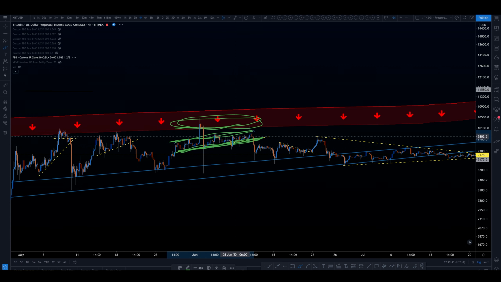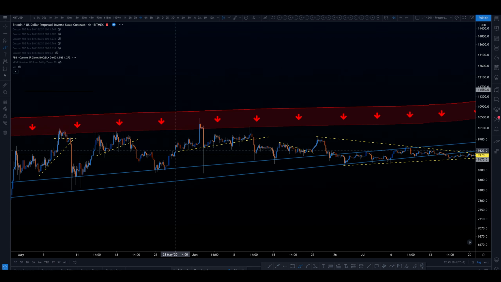But what you can see is, as resistance is up here and we are forming a channel here, you can see that resistance is respected much better than support at the moment, because as it seems, price is resting on support here. It is even going below it. It tried attacking the resistance. It failed. It got sold off, held the support just by a thread, very close.